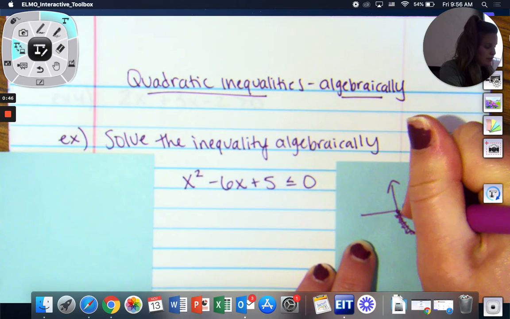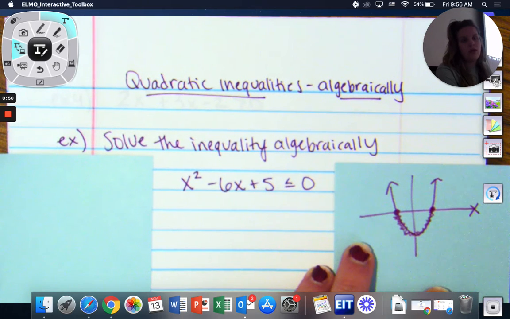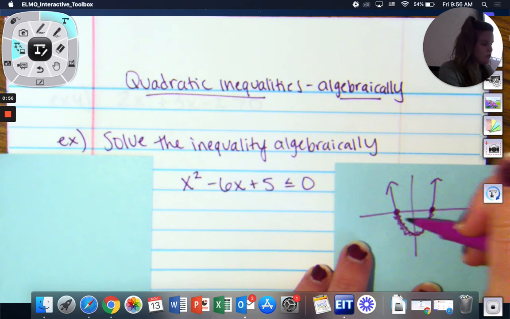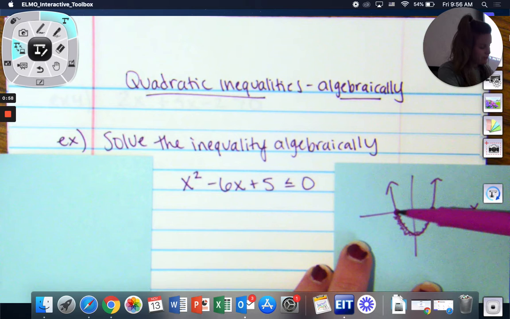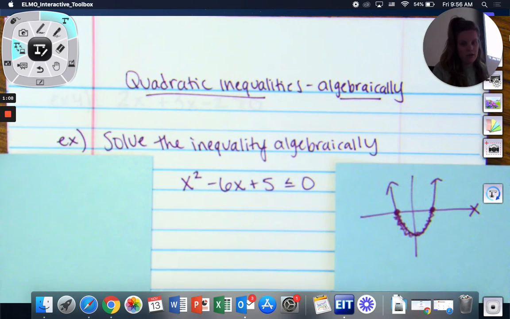So notice we will need these x-intercepts because those are going to be our points of reference. We need to solve for these first, and then we're going to use those points to evaluate if the y value is greater than 0 or less than 0, and we're looking for where it is less than 0 for our answer.